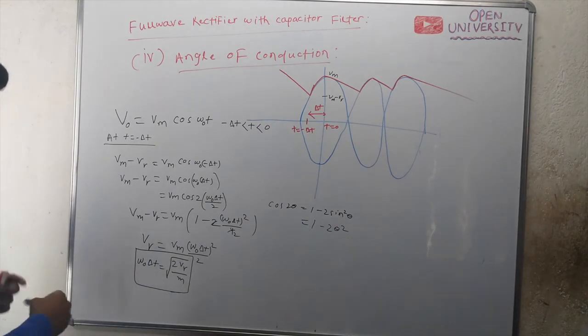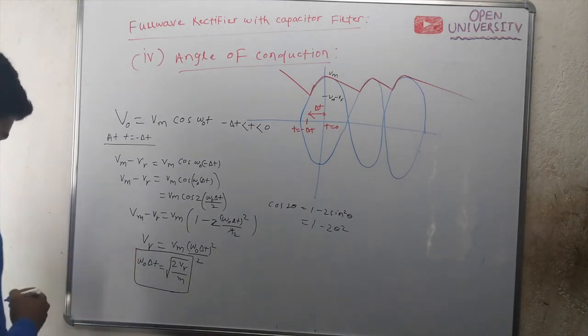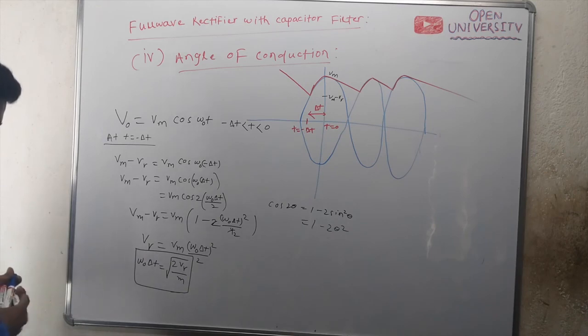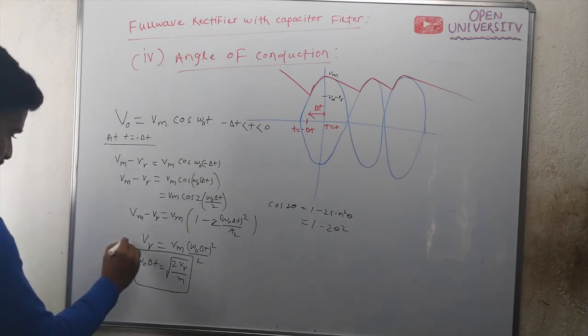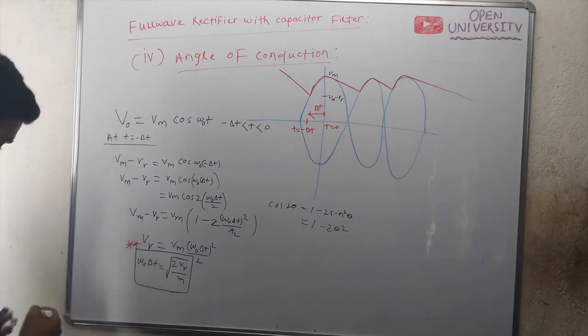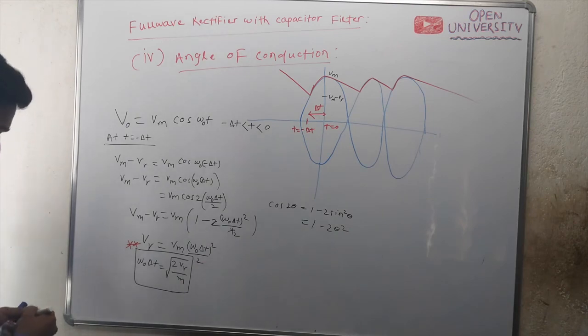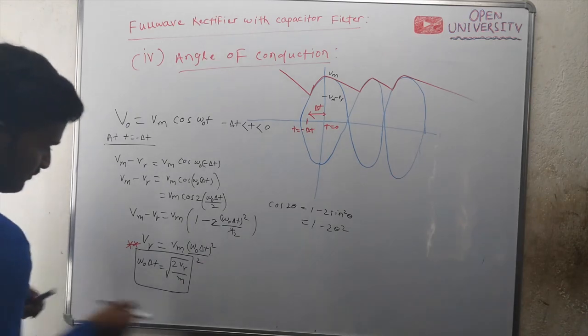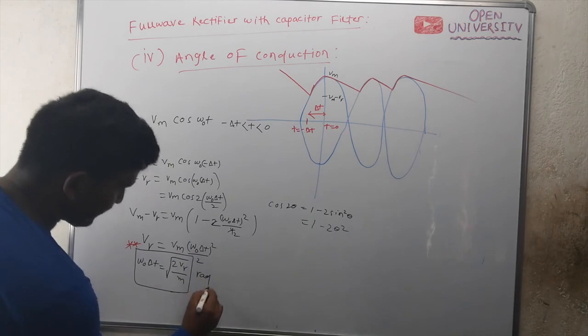So omega naught delta t equal to under root 2 Vr by Vm, and the unit is in radian.